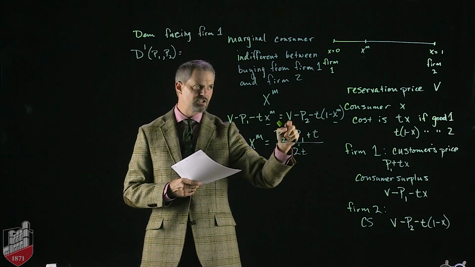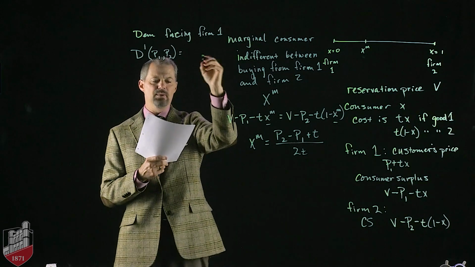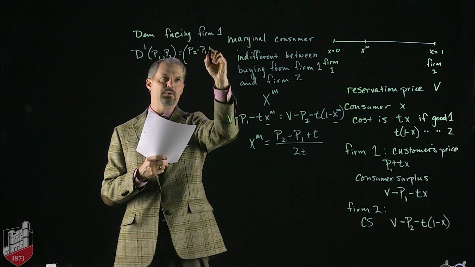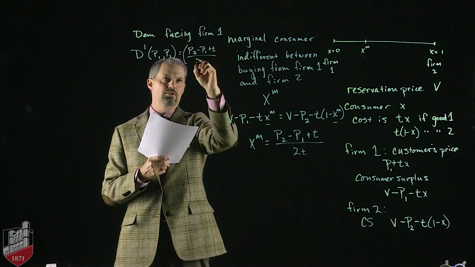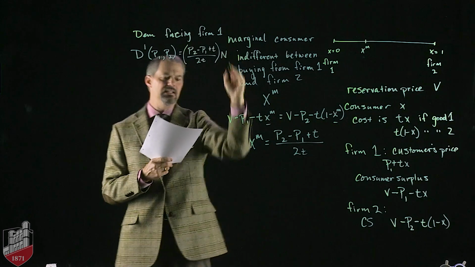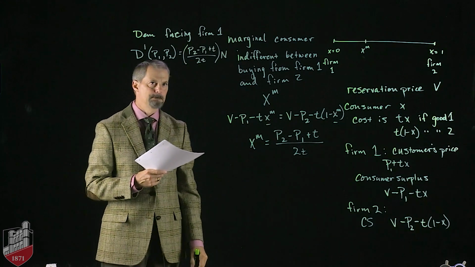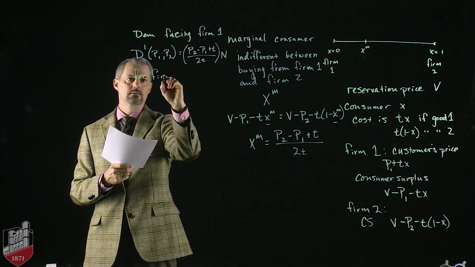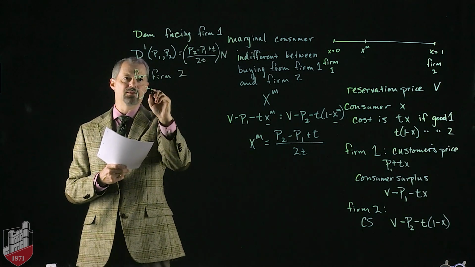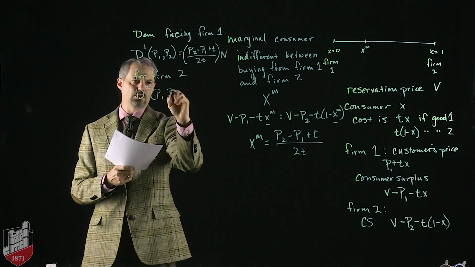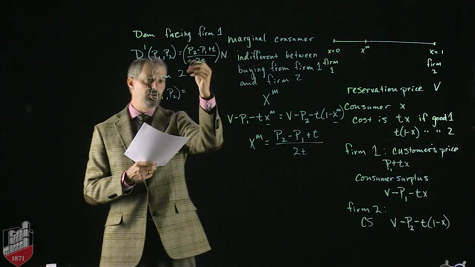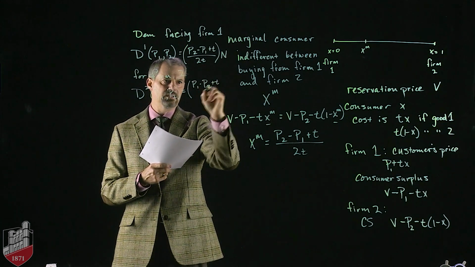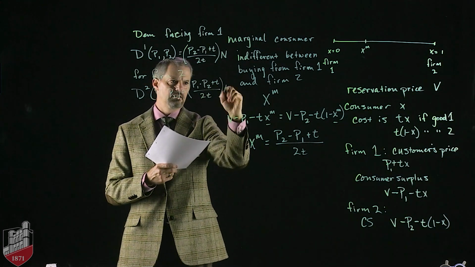Remember, this is just a fraction of N. So it's going to be P2 minus P1 plus T over 2T multiplied by N. For firm 2, demand for firm 2, which of course is a function of the prices chosen by the two firms, is symmetrical, so it's going to be P1 minus P2 plus T over 2T times N.